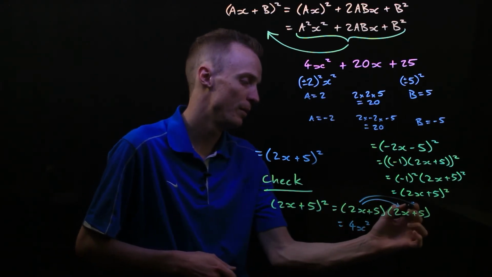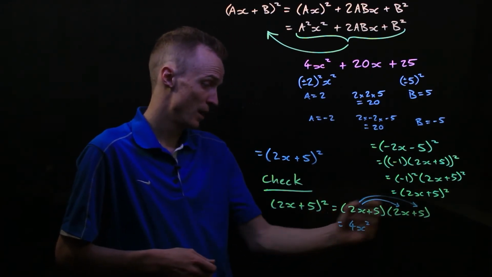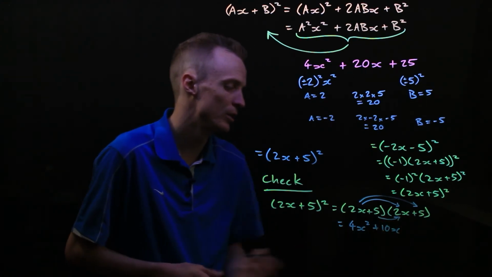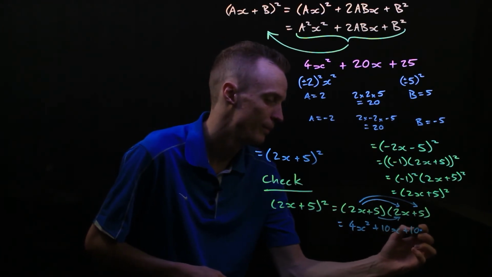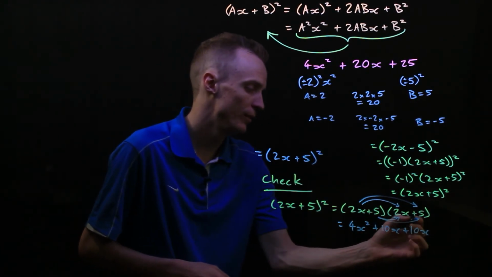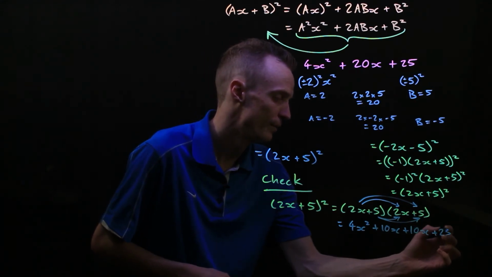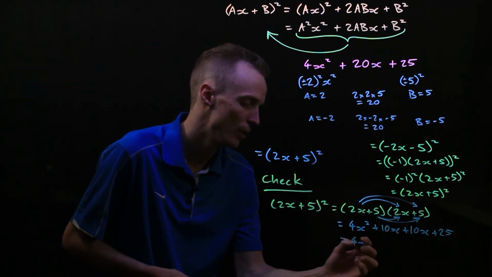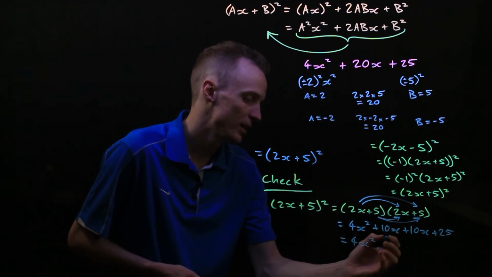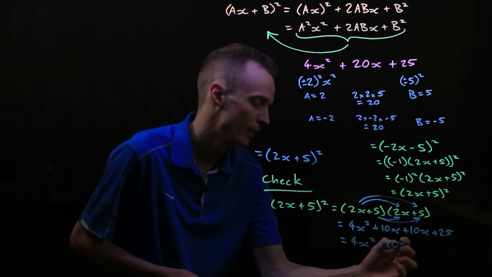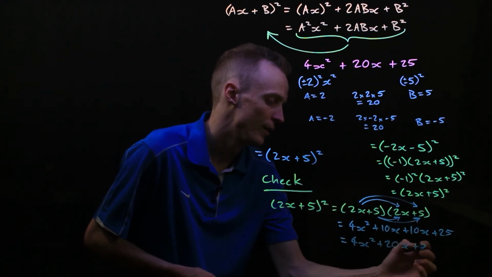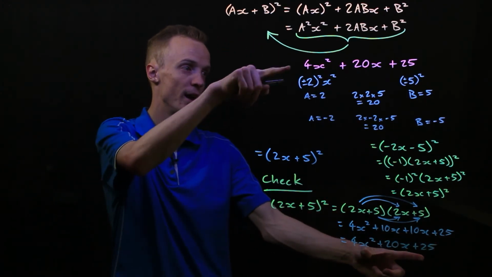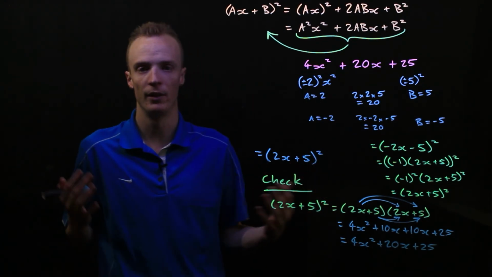My 2x multiplied by my 5 will be 10x. Then my 5 times my 2x will be another 10x. And then my 5 times my 5 will be 25. Now I collect my like terms. I've got my 4x², 10x plus 10x, which is 20x, and then 25 at the end. When I expand this, I match what I had to begin with, so it means that I've factorised this correctly.